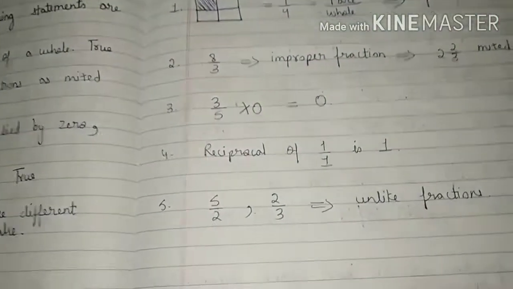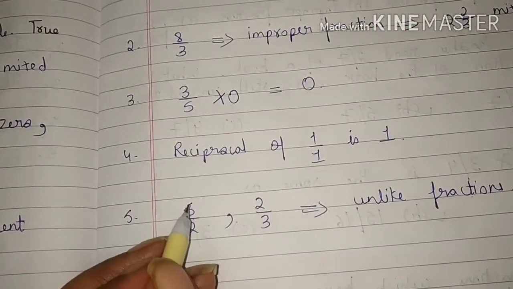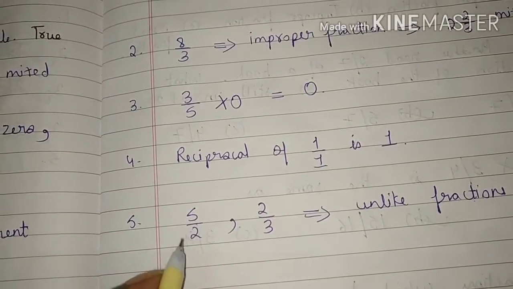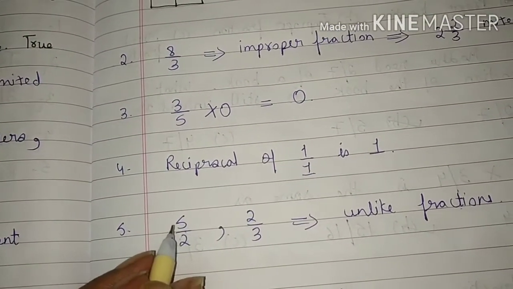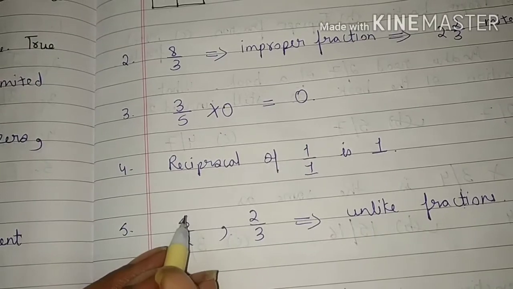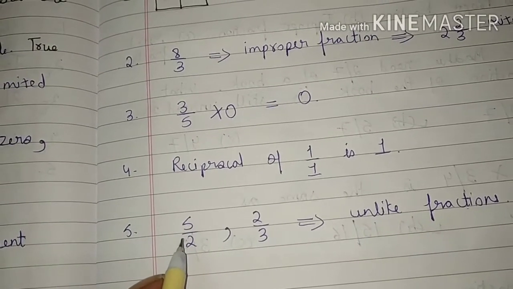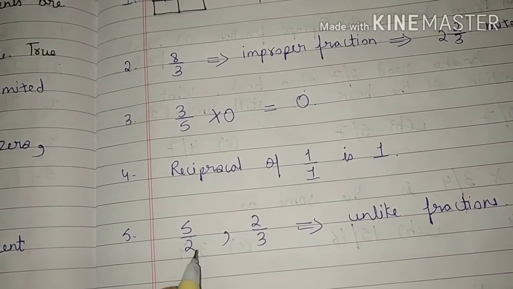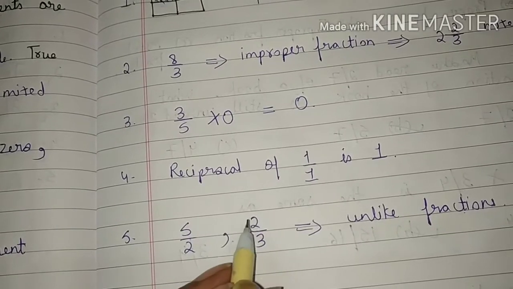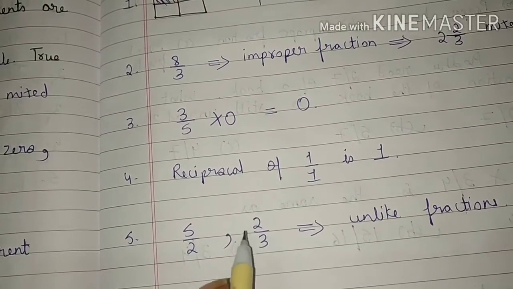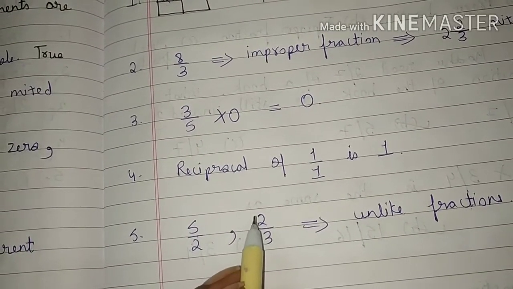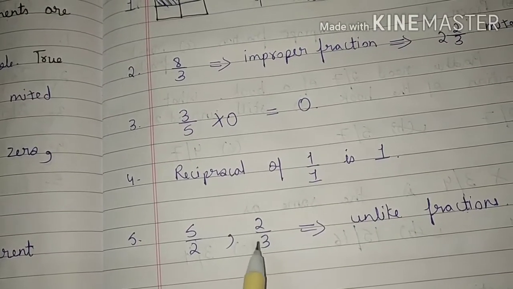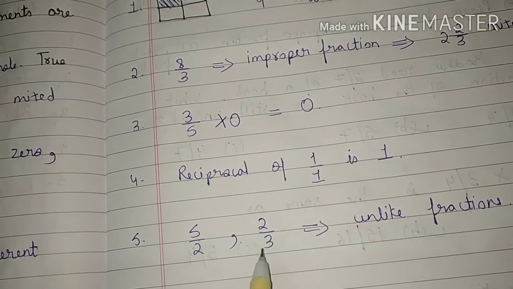You can see here 5 by 2. Students, you can see here numerator is 5 and denominator is 2. 2 by 3. Students, you can see here numerator is 2 and denominator is 3.